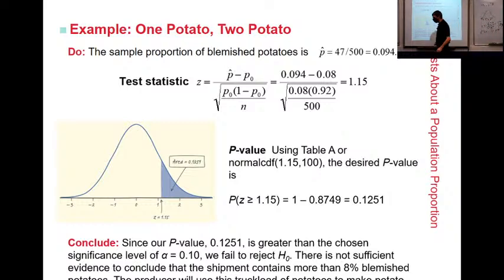So that is our concluding sentence. Make sure the conclusion of the alternative is in the context of the problem. Not enough evidence to conclude the alternative. What was the alternative? That the shipment contains more than 8% blemished potatoes.